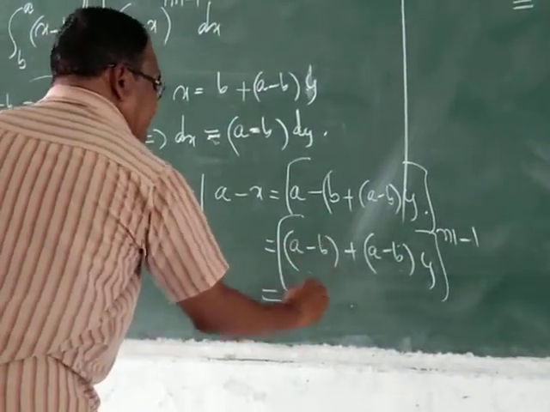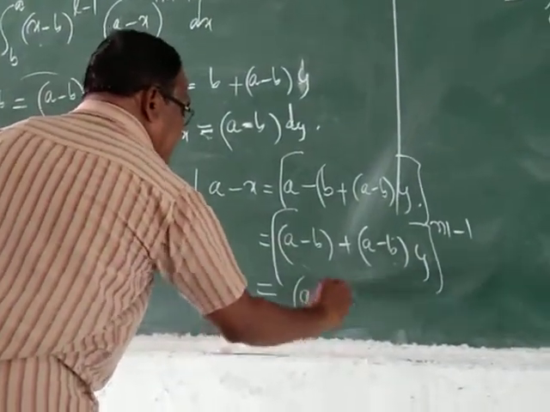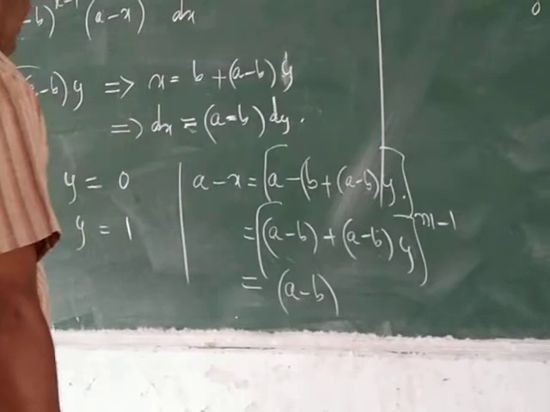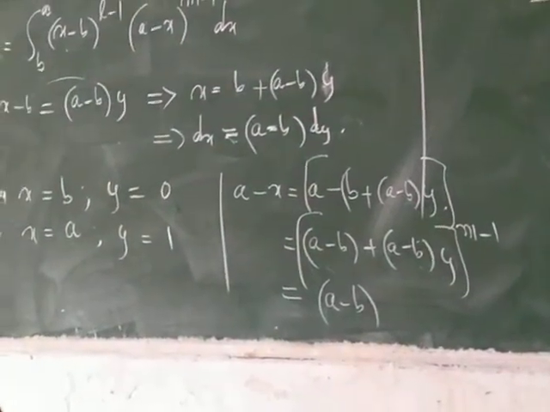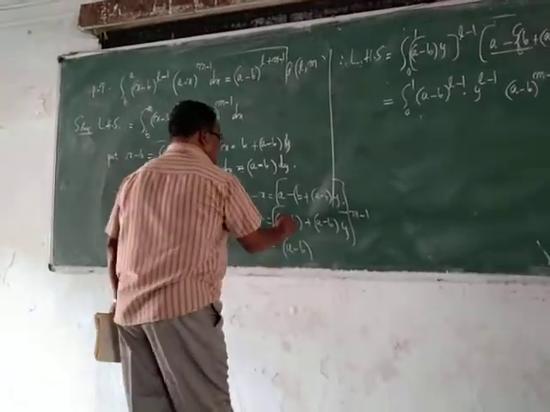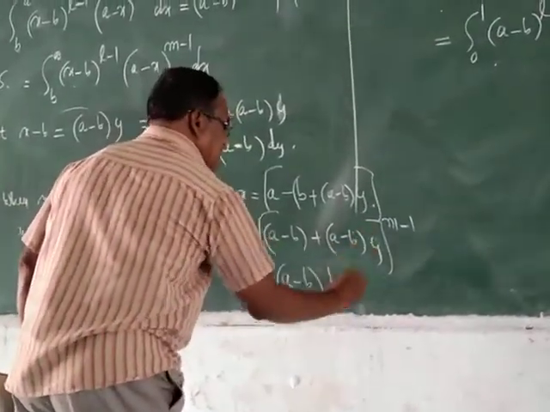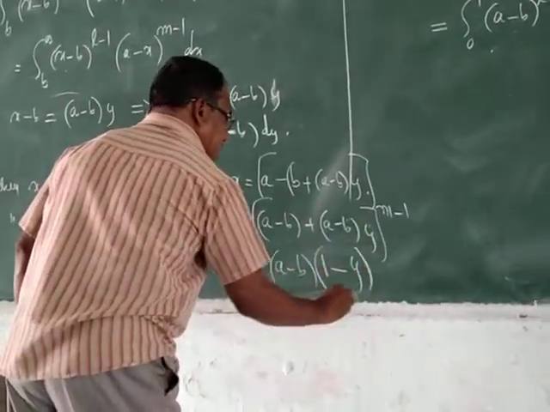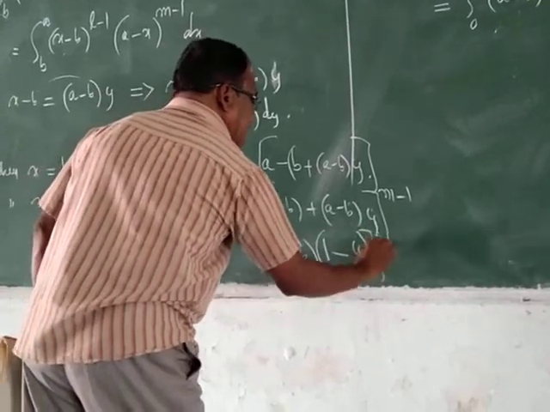Among these two terms, a minus b is a constant and can be written outside. What you are left with is (1 minus y) whole to the power m minus 1.